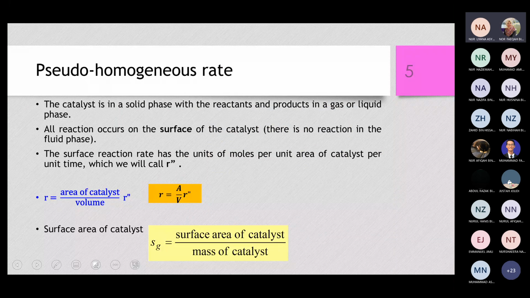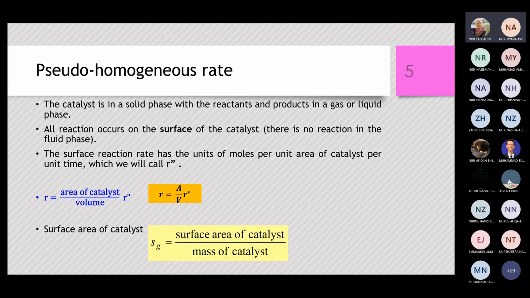So tadi sebut-sebut pasal pseudo homogeneous rate. So actually in layman term for pseudo ni maksudnya tipu, not the actual rate of reaction. So pseudo homogeneous rate ni not the actual rate of reaction ataupun rate law equation. So kita panggil pseudo homogeneous rate.